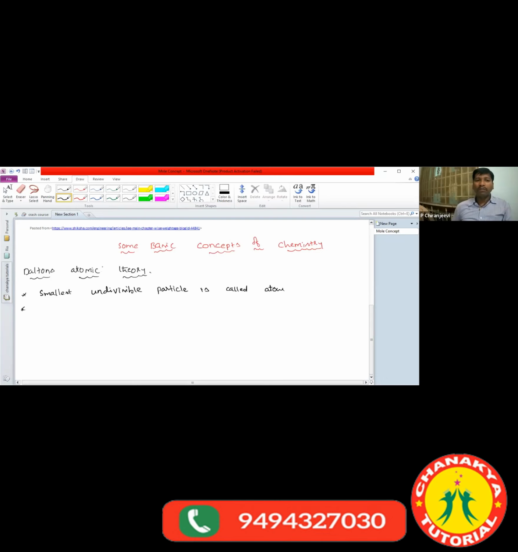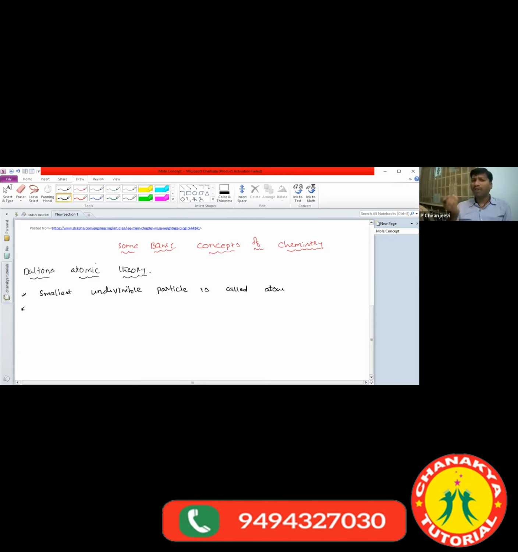Atoms of the same element have similar physical properties and chemical properties. For example, all carbon atoms have similar physical and chemical properties, and all oxygen atoms too. The atoms of different elements have different properties. For example, carbon exists in solid form and oxygen exists in gaseous form.